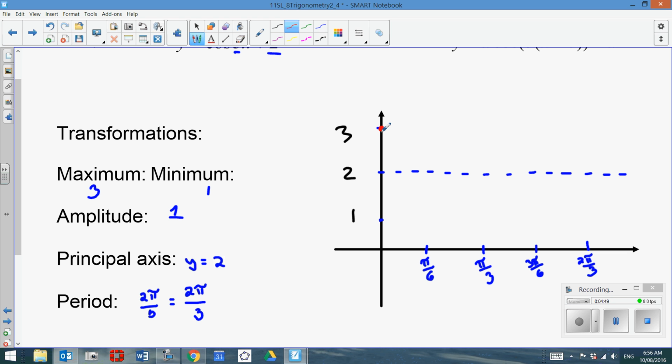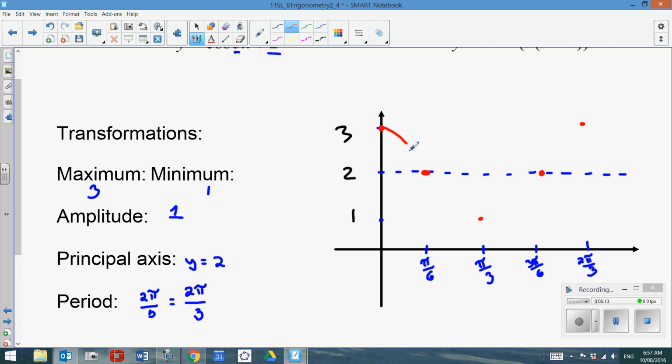Here we're starting at 3. I know that I'll be halfway through by pi over 3, and I'll be completed by 2 pi over 3, which means that I hit the principal axis at pi over 6 and 3 pi over 6.